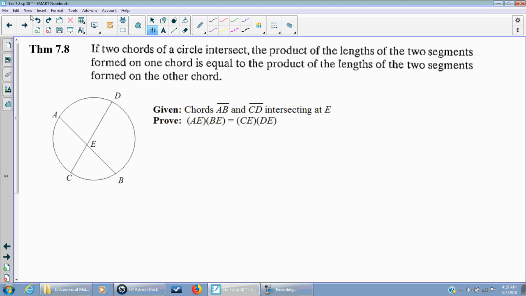Now, Theorem 7-8 is, again, one of these theorems that you're never probably going to have to use. However, I must admit that several years ago I was doing workshops for students studying for Praxis 2 exams, and a problem involving this showed up on there.